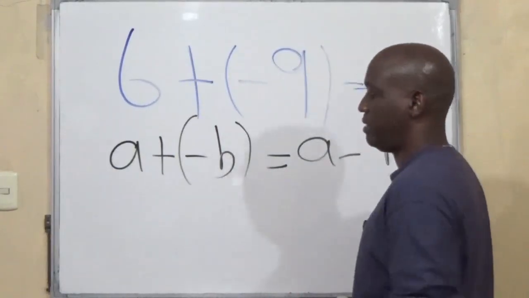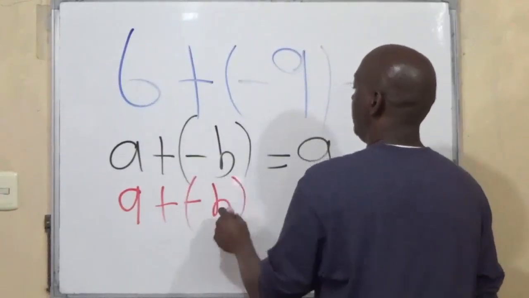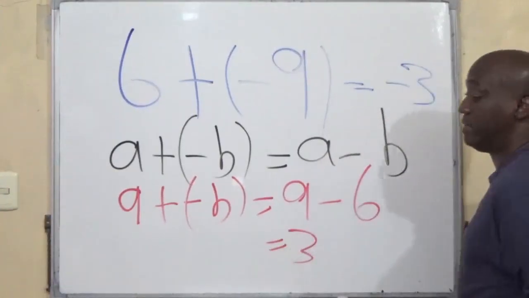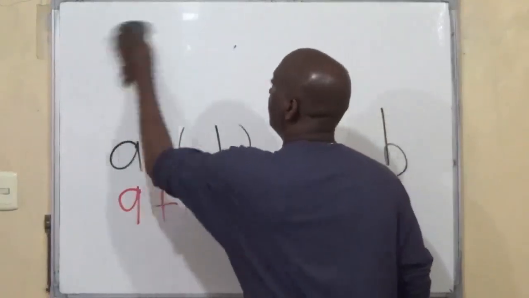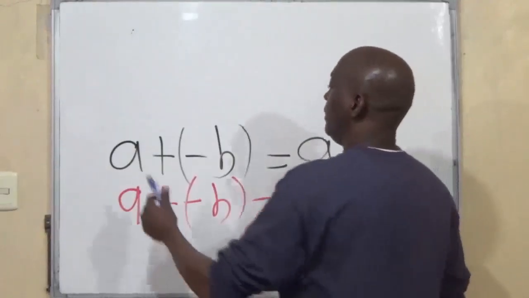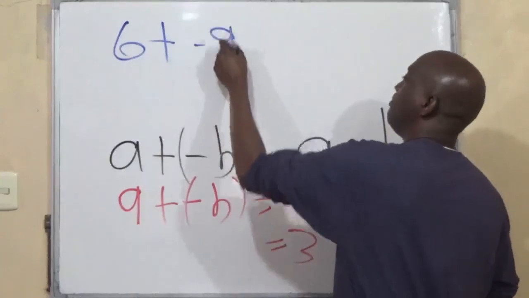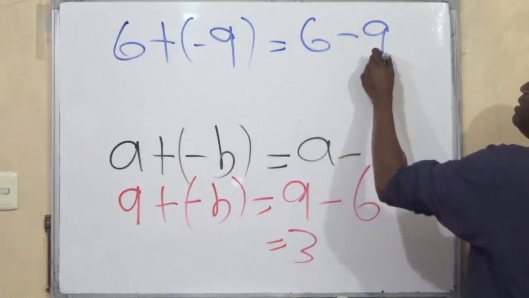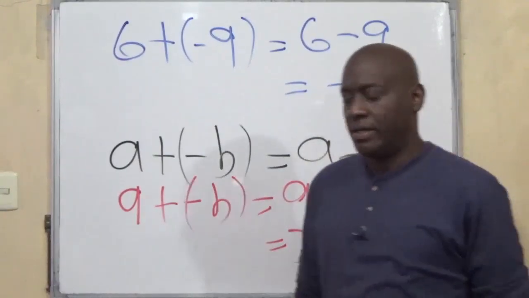So if A is greater than B, then that will be A minus B, and the answer will be positive. If B is greater than A, as in the case where we have A plus minus B, right? B is greater than A. Then you still have A minus B, but in this case, A minus B would be negative.